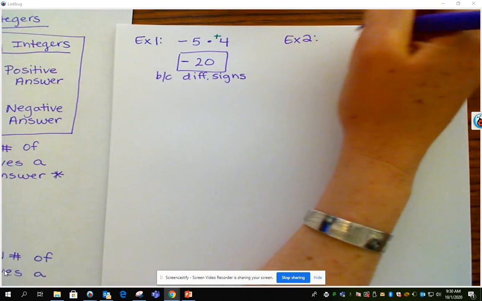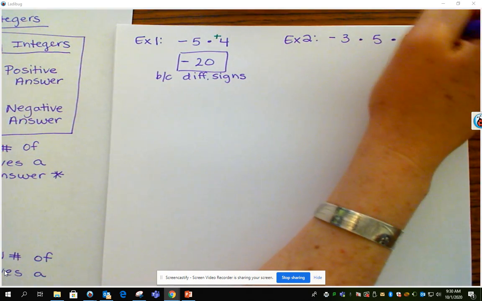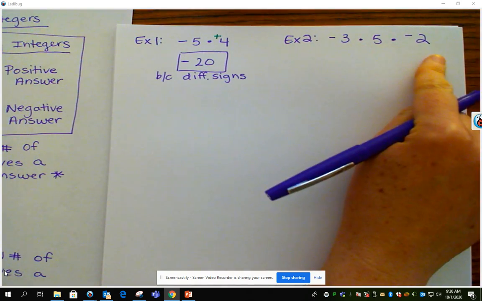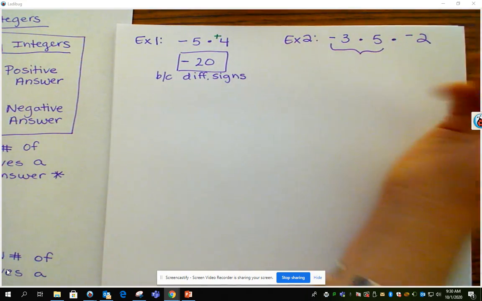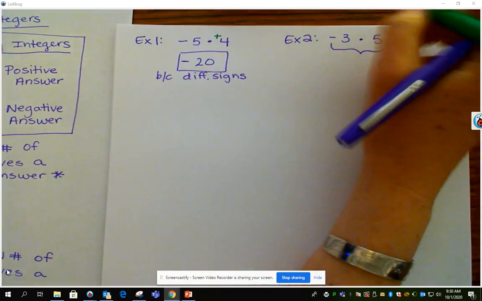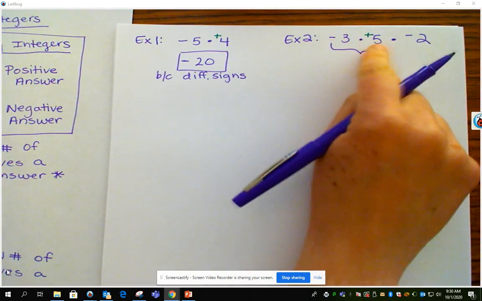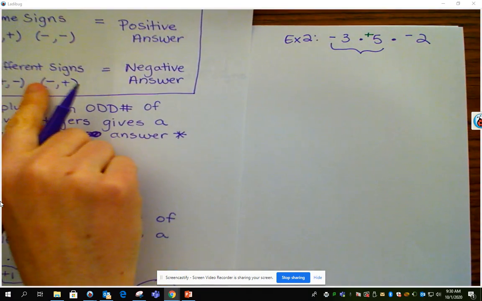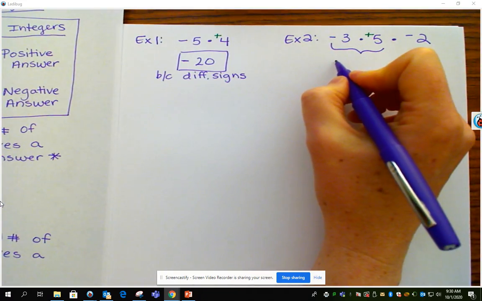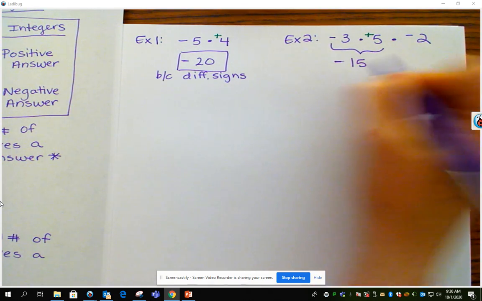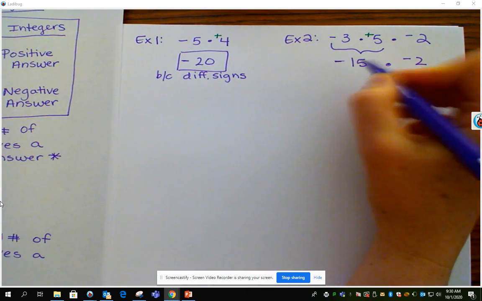Okay, so this one we've got negative 3 times 5 times negative 2. Now these aren't all negative, so I'm just going to go step by step. Here, I've got negative 3 times positive 5, right? So those are different signs. My rules say different signs gives me a negative answer. So I'm going to have negative 15, and then that's going to be multiplied by negative 2, right?